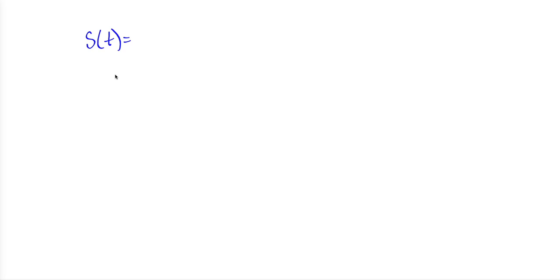It's just going to have chain rule involved in the derivative. So let's just go with something straightforward like 3x squared minus 2 to the 5th power. And you might be asked to find velocity at 2 seconds, something like that.